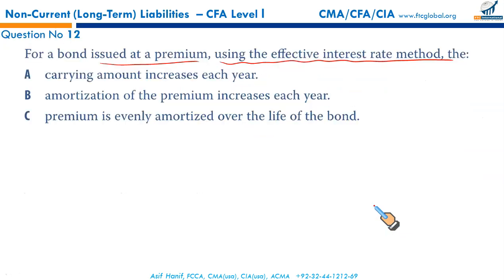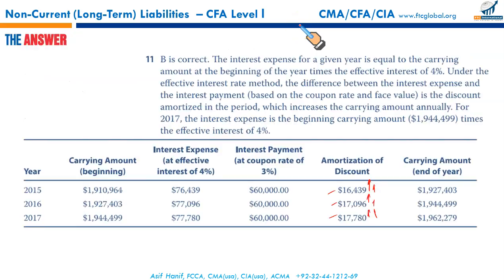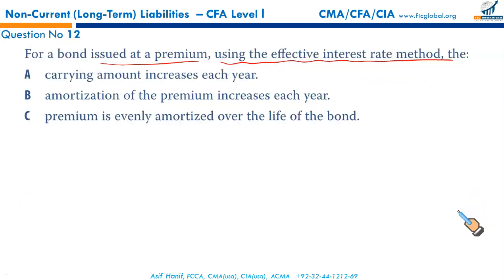That must be remembered. So for a bond issued at premium using the effective interest rate method, the carrying amount increases each year? No. For a premium bond, the carrying amount falls. For a discount bond, carrying value increases every year.